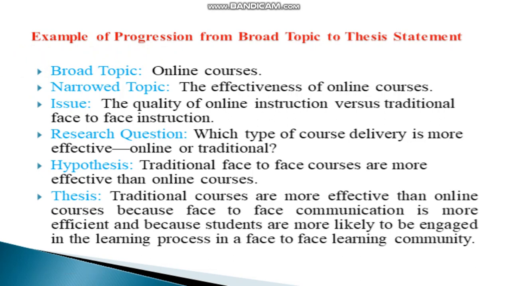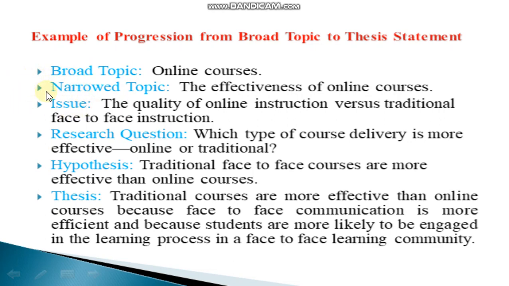The issue is the quality of online instruction versus traditional face-to-face. So you narrow the topic further when you write the issue. The issue is making a comparison between the effectiveness of online instruction and face-to-face instruction.